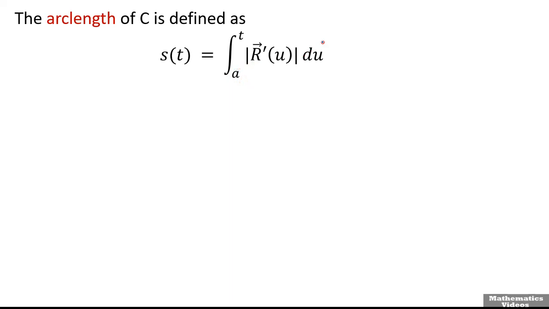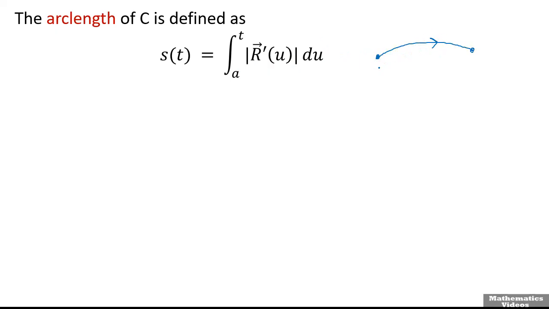In order to understand this formula further, we will consider the curve C, which is, suppose, this one, and it is traced in this direction, which is also called the positive sense of this curve.